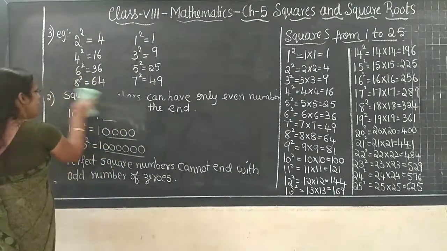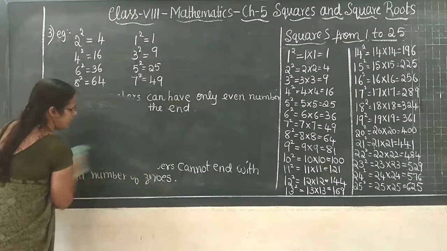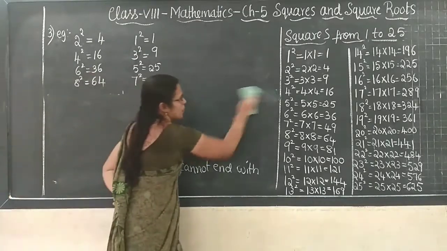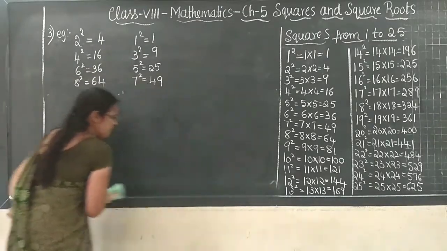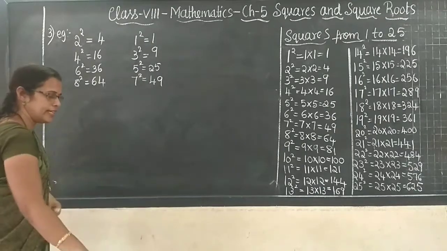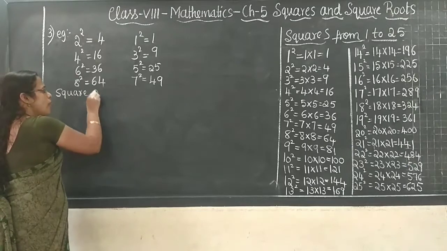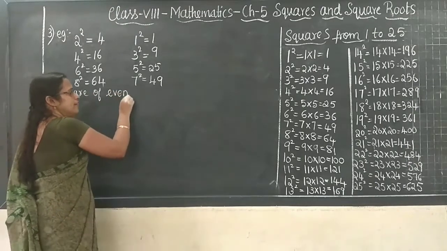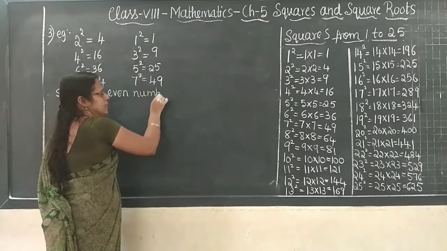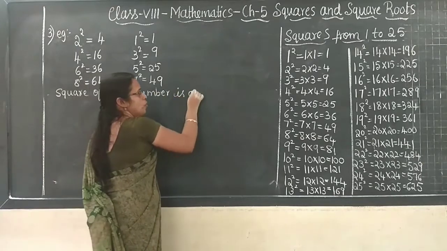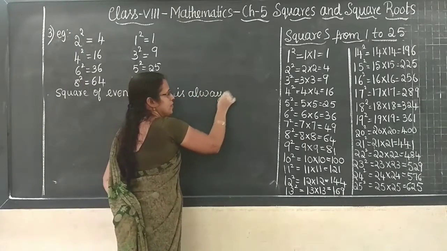So please take it down. Write down right here: square of an even number is always even.